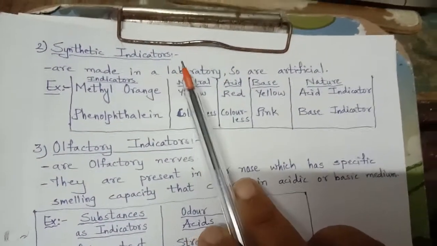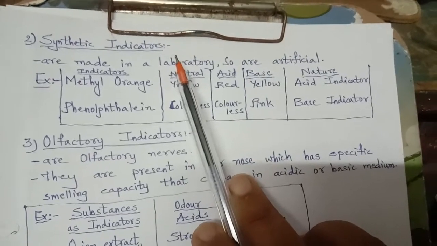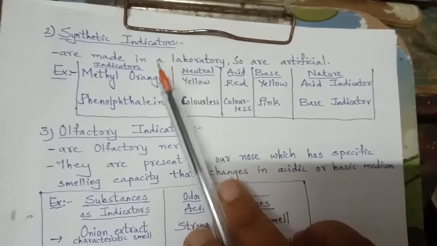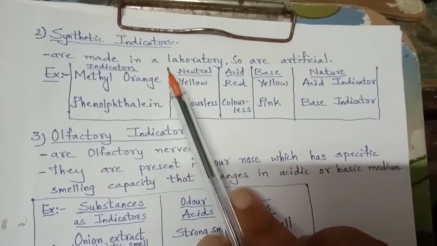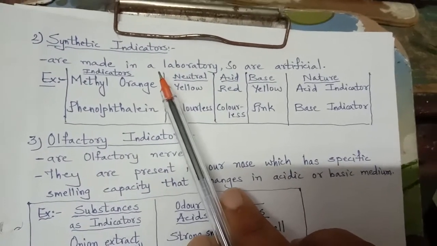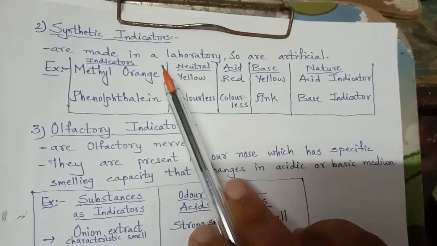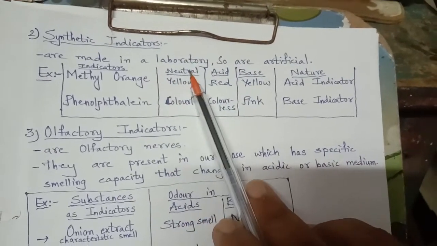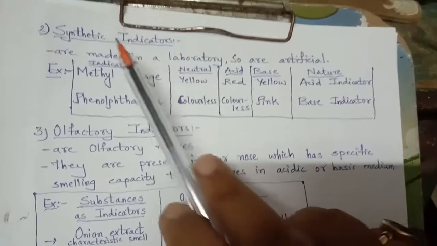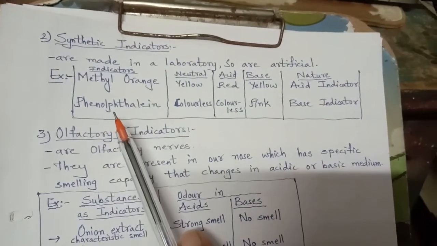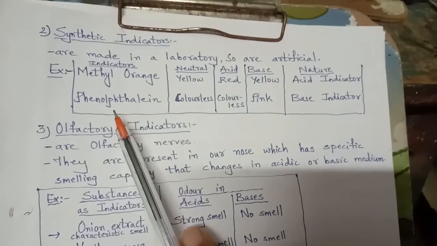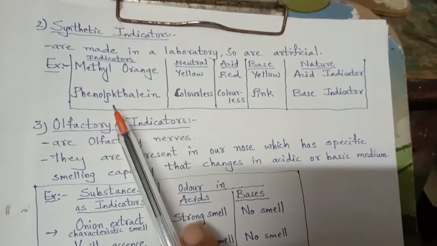The next type of indicator is synthetic indicators. Synthetic means it is not natural. Chemical substances are used and it is prepared in the laboratory, and that is why they are synthetic indicators. You have seen that natural indicators were all prepared from natural plants and flowers, right?